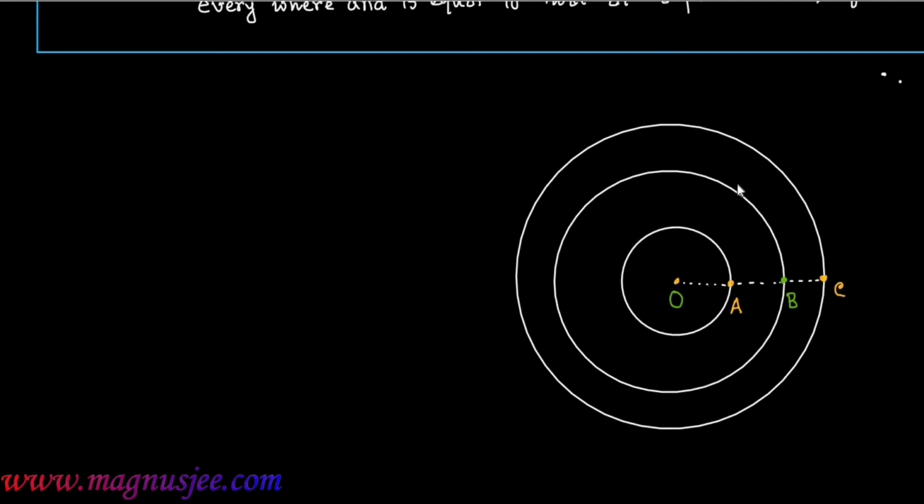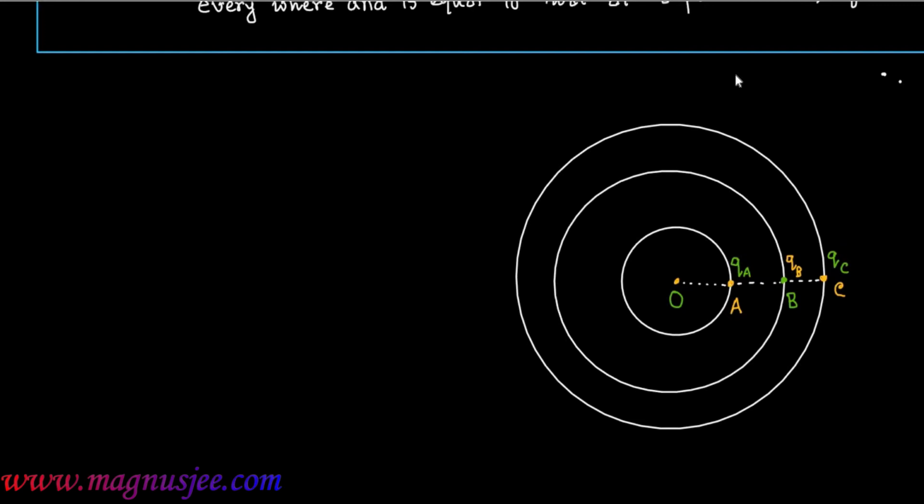We can draw the three concentric shells and denote the charges, which are uniformly distributed over the surfaces. QA, QB and QC are the charges uniformly distributed over the surface of the three concentric shells A, B and C.